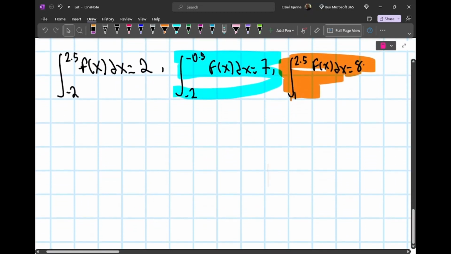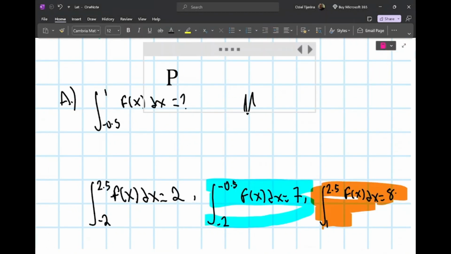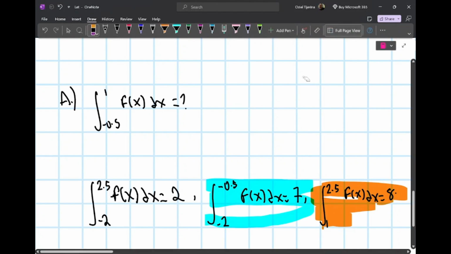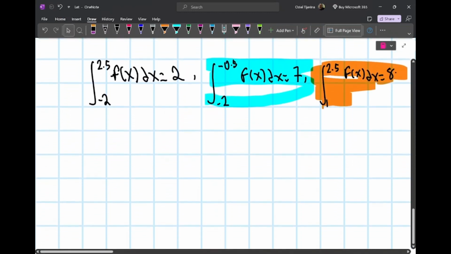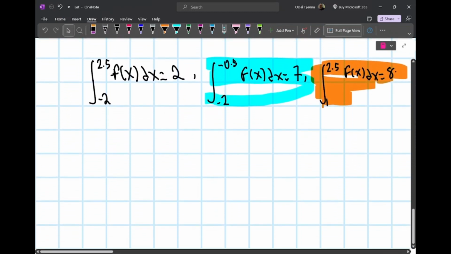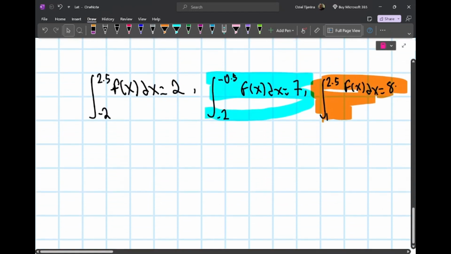The integral from -0.5 to 1 of f of x dx, and actually, hold on, guys, I'm sorry. Let's try to think about this one. Part A is what we're trying to look for, but we have to manipulate these so that we can find what we're looking for here.